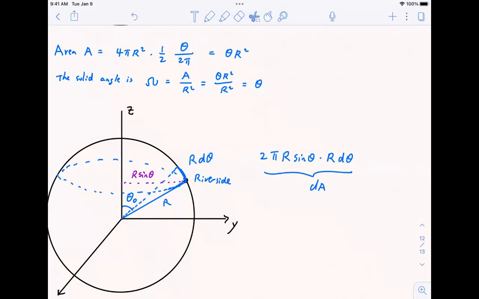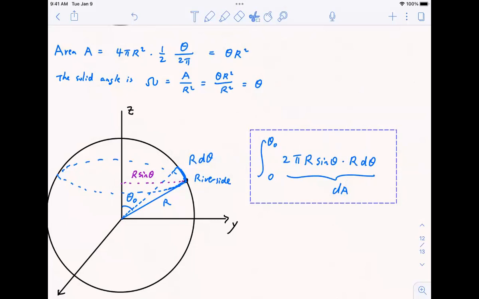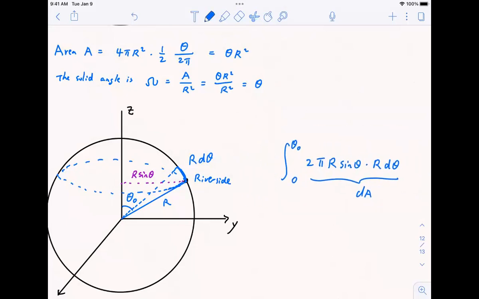Then you are going to do an integration from 0 to theta 0. So then you get the area.